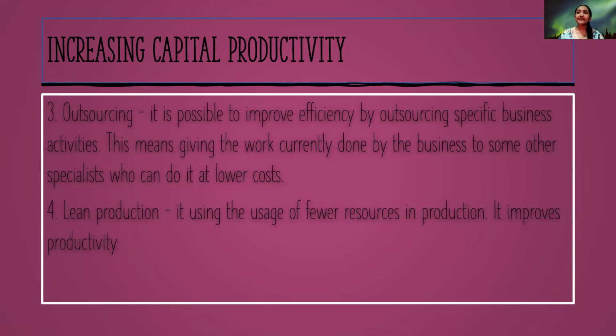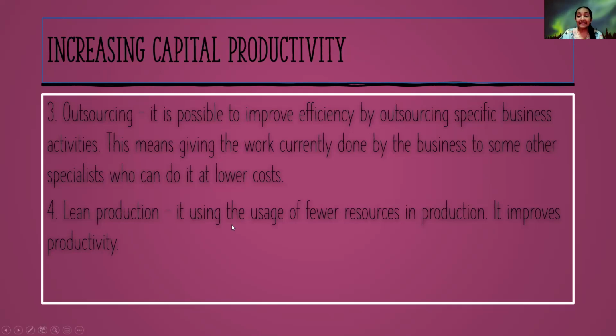Maybe a business can give its coding part of the work, which will usually be done in their place, to some other Indian company so that they have lower labor costs, for example. So this is called outsourcing, where instead of doing it in the same company, they will give it to another company so that they will do it at less cost.